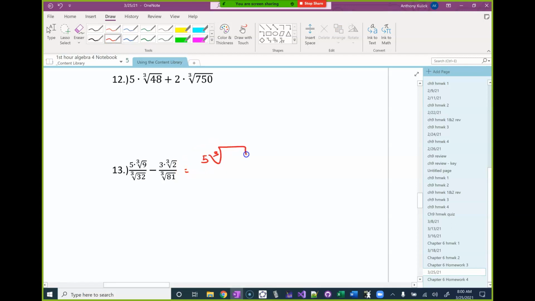I don't need to draw a factor tree. 9 is 3 squared. 32, I'm sorry, 2 is 2 to the 5th. And then cube root 2, there's nothing to do there. And 81 is 3 to the 4th.